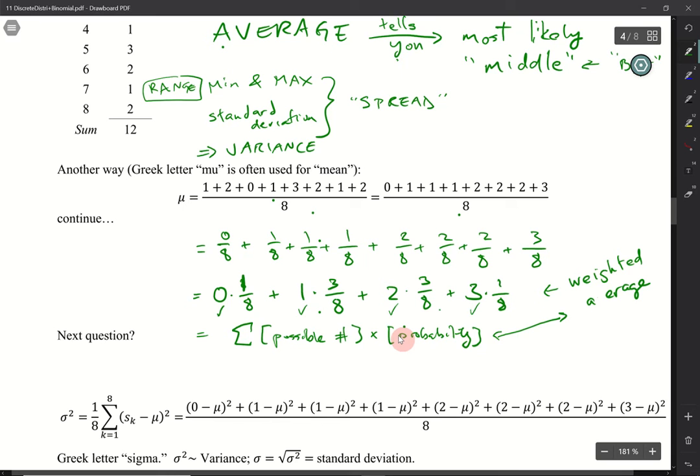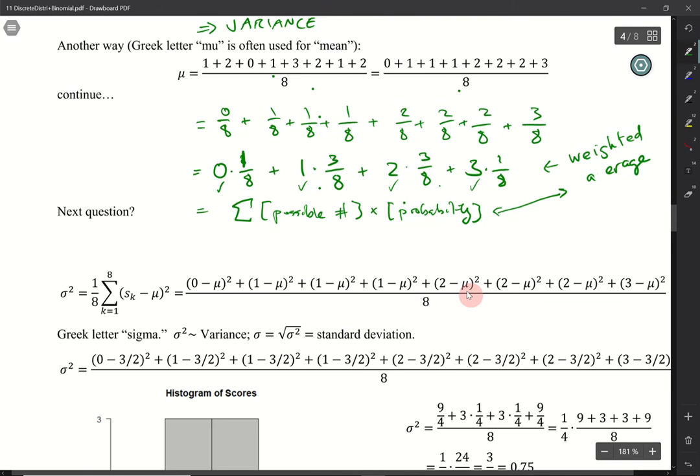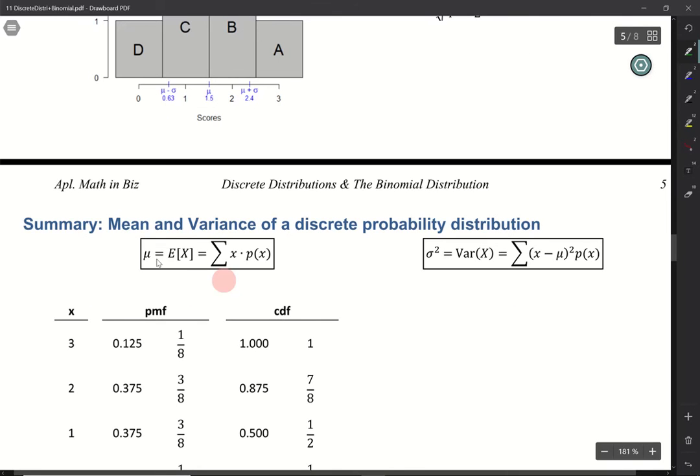But since we're dealing with a probability distribution, we have these probabilities. So when we talk about the mean of the random variable, the mean of the distribution, this is how we calculate it for a discrete probability distribution.